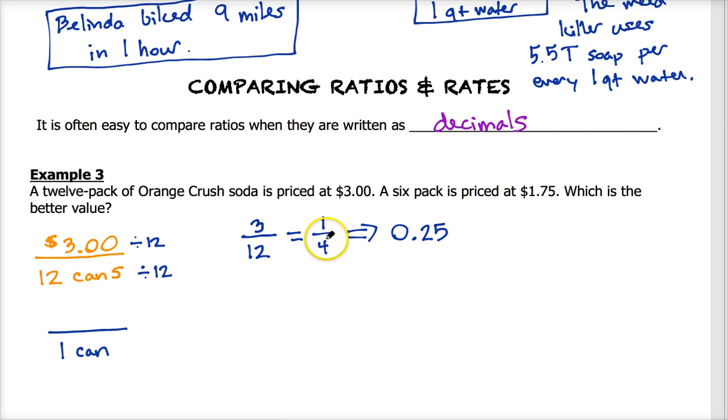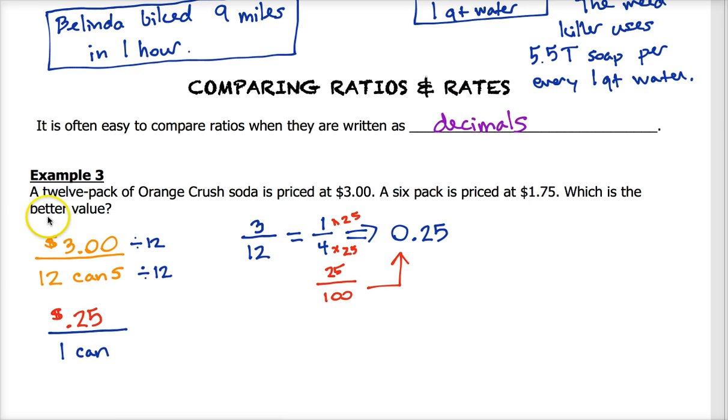If you remember how to convert from fractions to decimals, you know we can multiply 4 by 25 to get a denominator of 100, and then the same thing to our numerator to get 25 100ths. That's how we get a decimal of 0.25. So that's how we can get our unit rate here. So that tells us that it's 25 cents. That's what 0.25 is in money terms, 25 cents per 1 can for the 12-pack of soda.